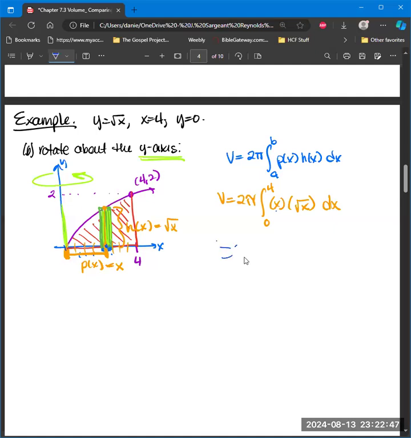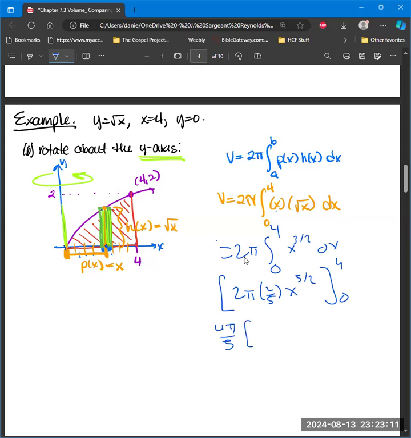So we have 2 pi integral 0 to 4 of x to the 3 halves dx, which is 2 pi times x to the 5 halves times 2 fifths, evaluated from 0 to 4. So we have 4 pi over 5 as our constant multiplier out front, times x to the 5 halves from 0 to 4.